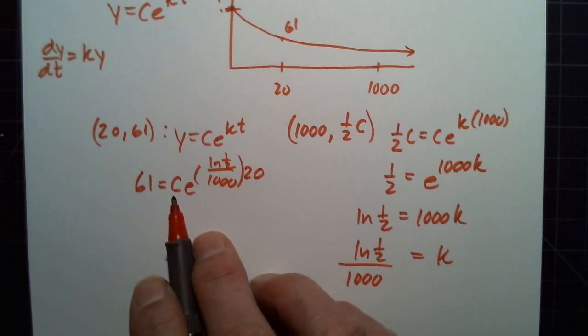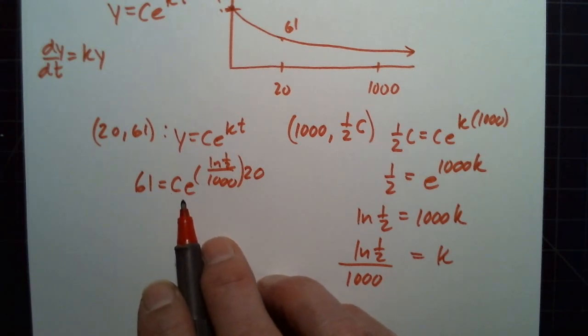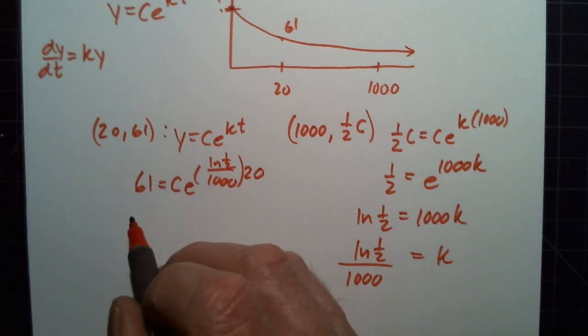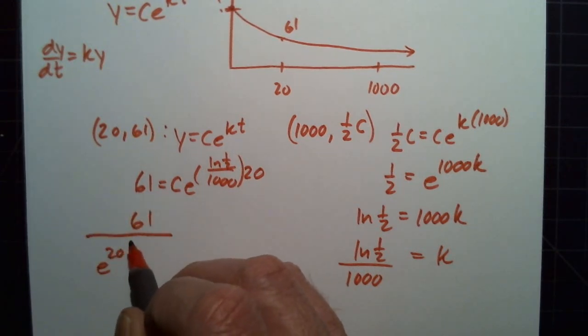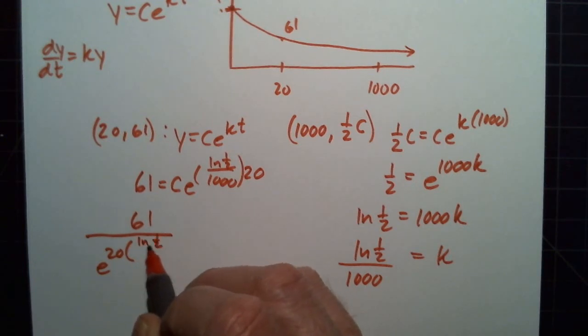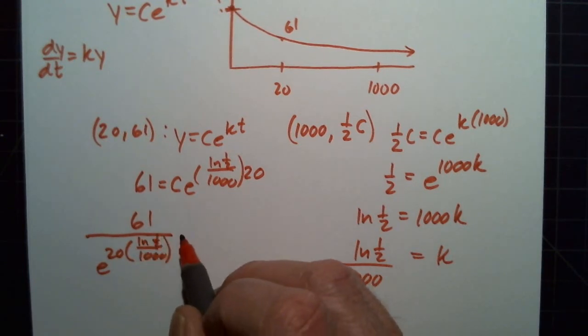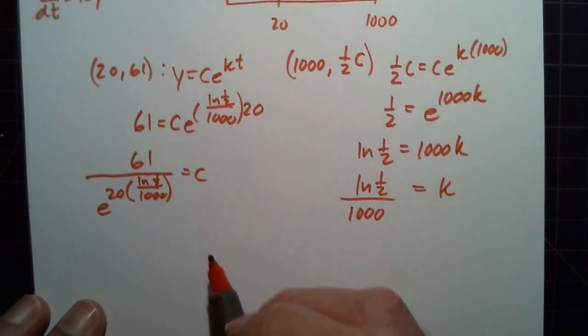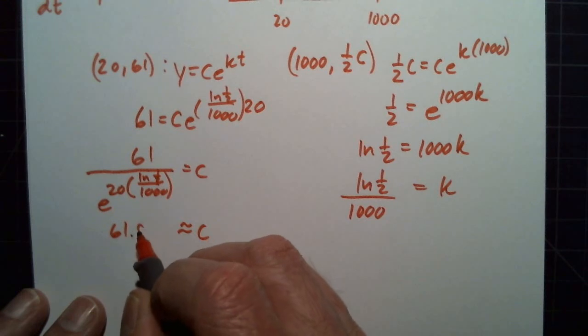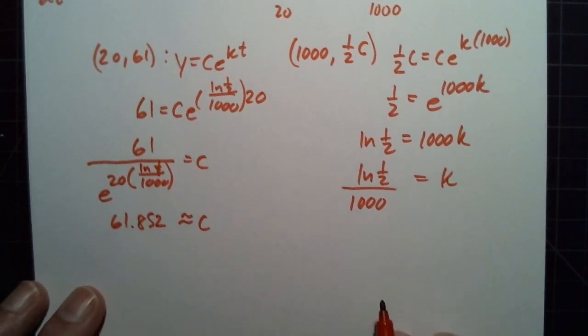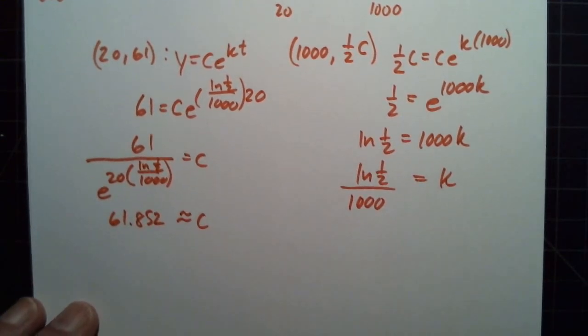So now we solve for C, and we're just going to divide by all of that. 61 over e to the 20 times ln(1/2) over 1,000 is C. So C is approximately 61.852. And we'll stop there.